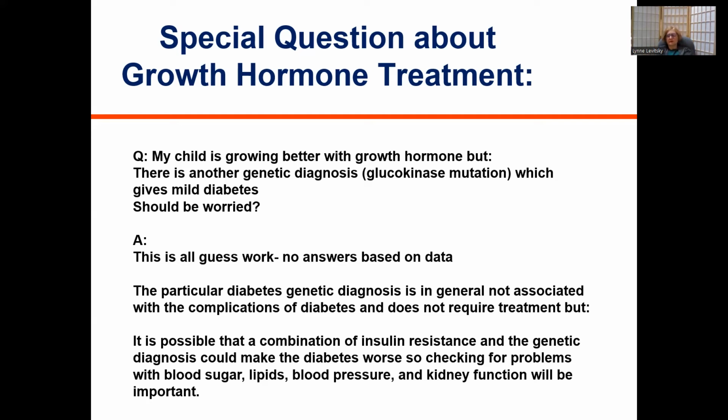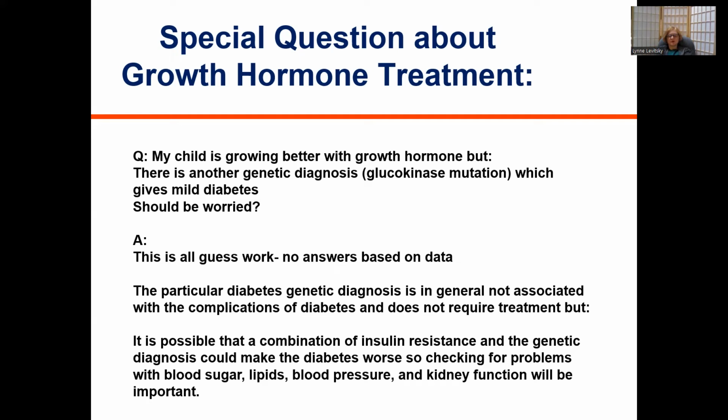So we don't have any data to do anything except guess about this. The particular genetic diabetes diagnosis is in general not associated with the long-term complications of diabetes and doesn't require treatment. As a matter of fact, there's not a good way to treat it. But it's possible that a combination of insulin resistance and this unusual genetic diagnosis could make the diabetes worse.